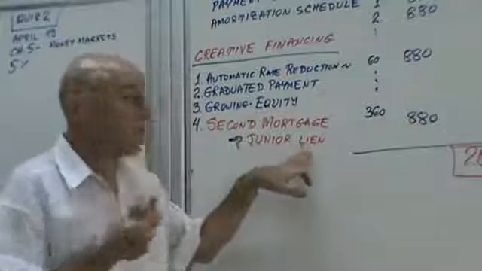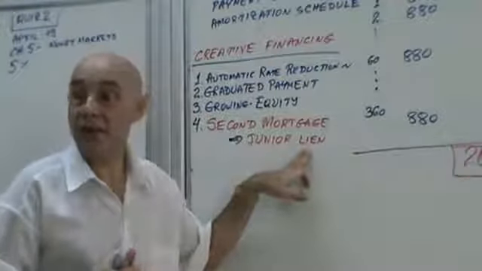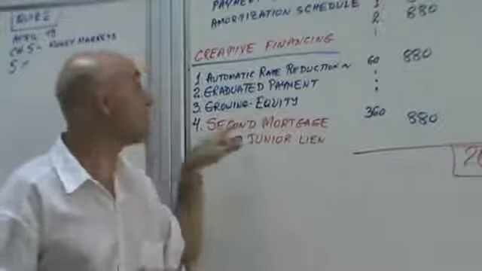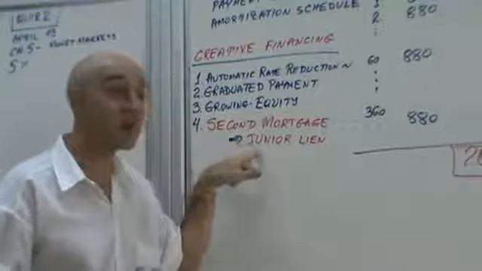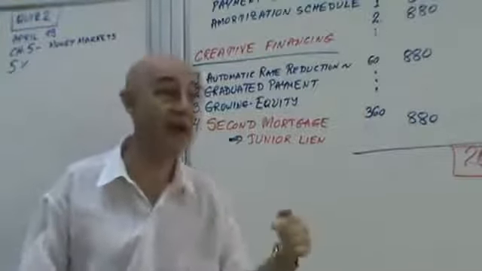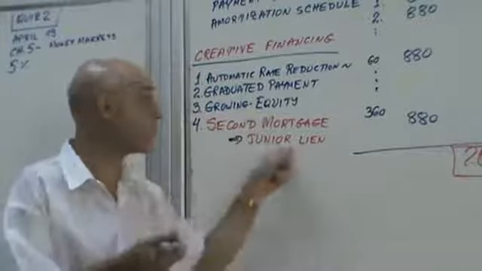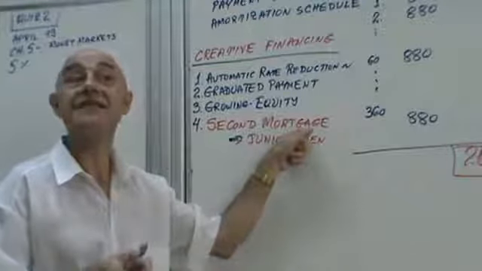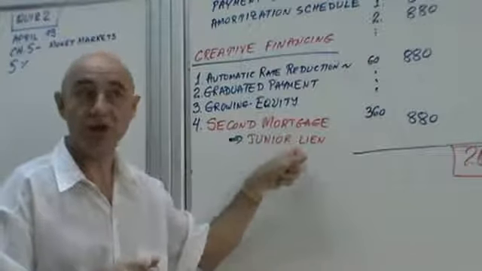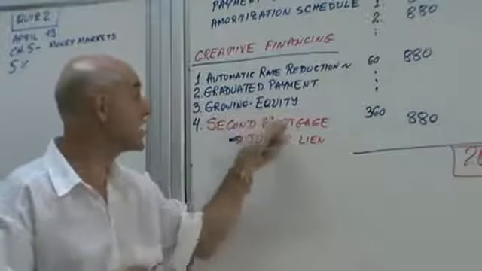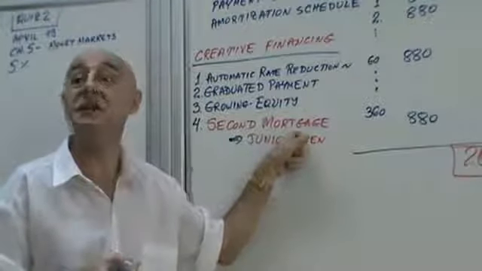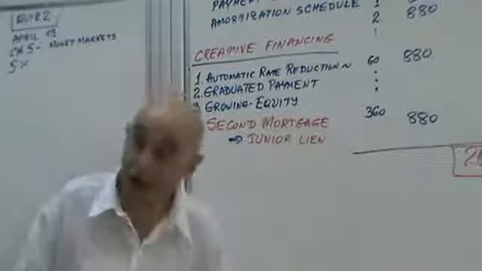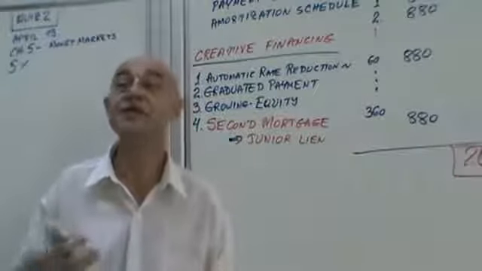So the junior lien, or second lien, will be paid only after the first mortgage, or the first lien, is fully paid. Then whatever is left will be satisfied. So, second mortgages have a subordinated or junior claim to first mortgages, and second mortgages are significantly more risky than a first mortgage. But it's a way to get extra money to spend.